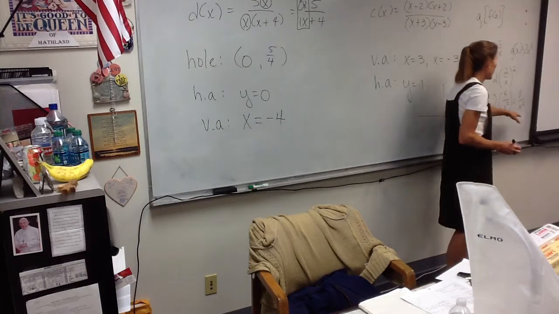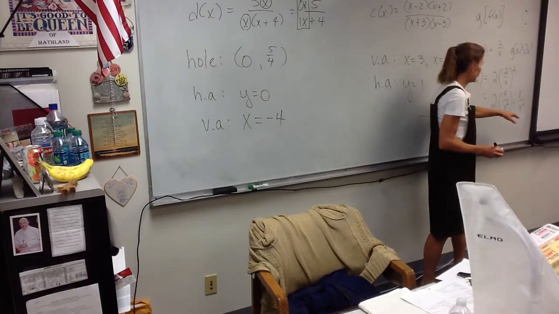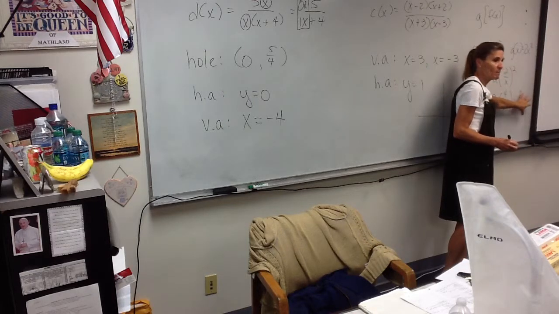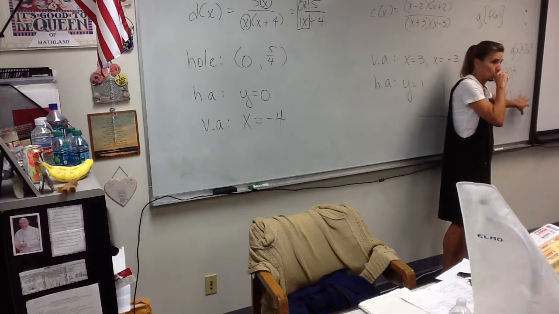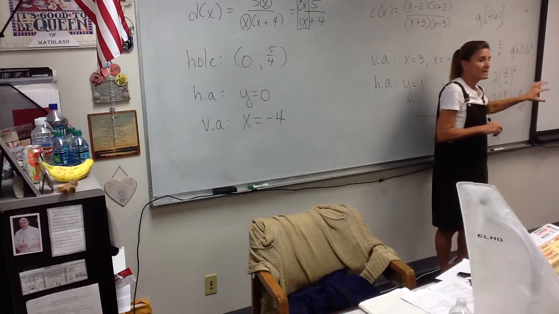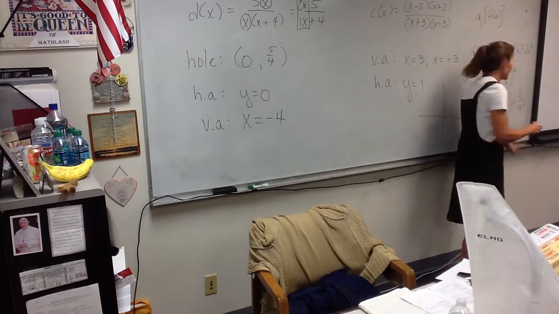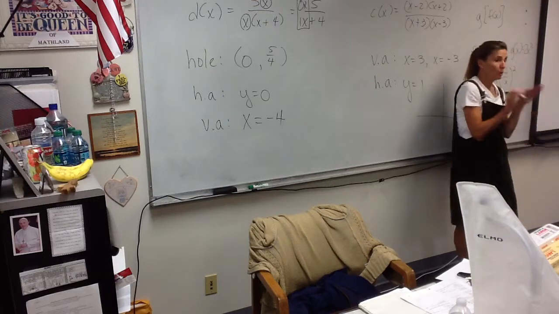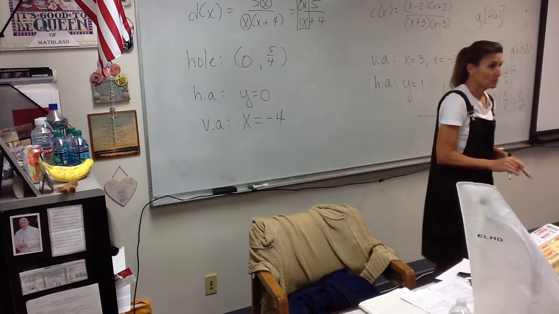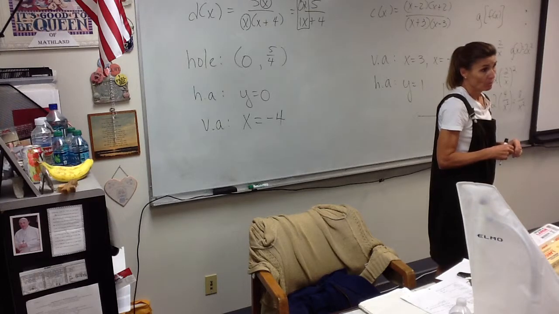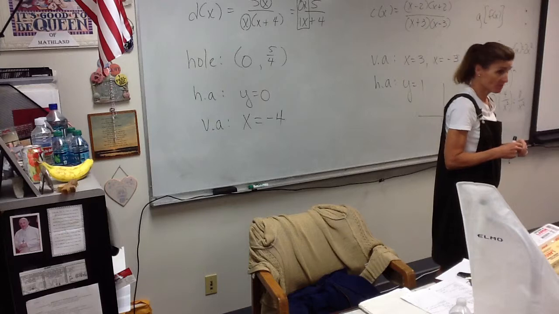8 over x squared. First of all, does it make sense to you that this will always be positive? Which means that no matter what I plug in for x, the answer will always be positive, which means its range will be y is greater than 0.